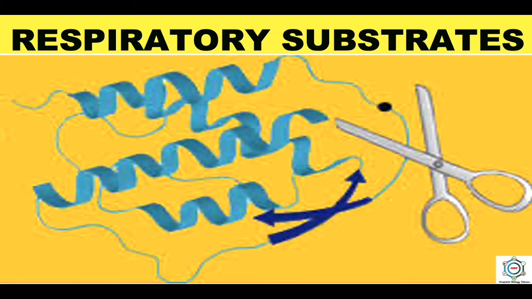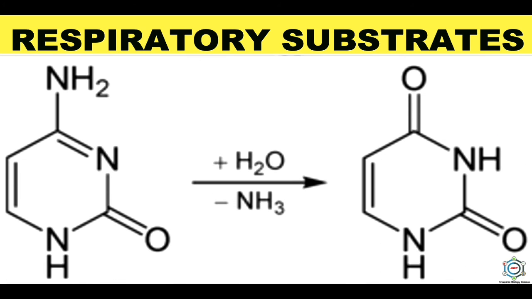Now, in the case of proteins, the proteins are made up of a varying number of different amino acids. The proteins are oxidized when shortage of carbohydrate becomes acute. Proteins are first broken down to amino acids by the action of proteolytic enzymes. These amino acids are converted to non-nitrogen containing organic acids by a deamination reaction.